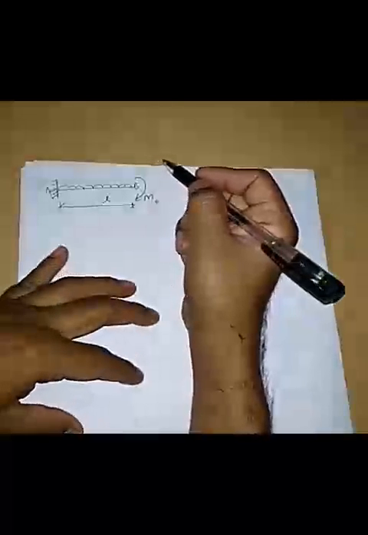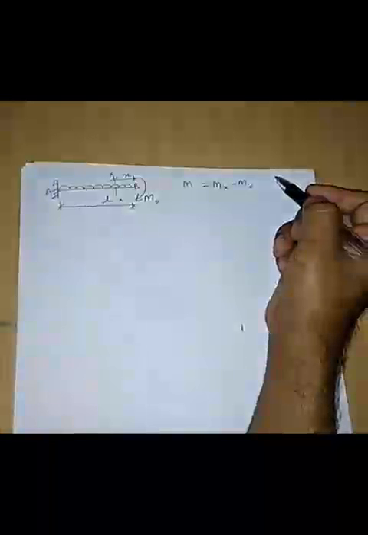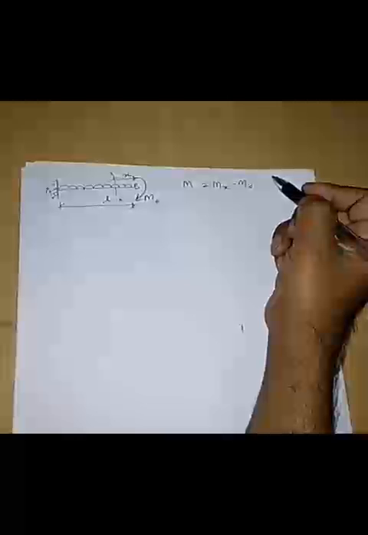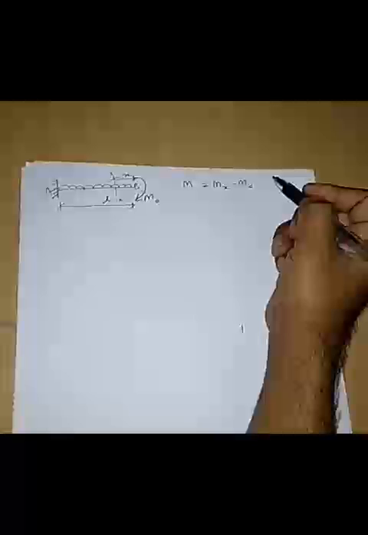Let us consider this as L, this point is A and this point is B. In that case we will take the moment at a distance of x: M equals Mx minus M0, where Mx is again the moment because of the external loading, and M0 is a fictitious moment we can say.